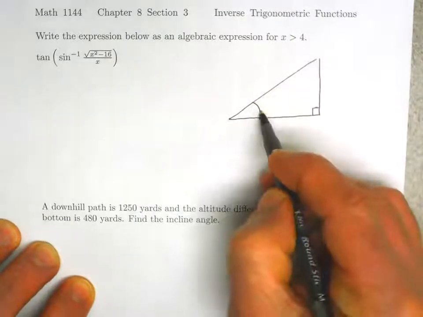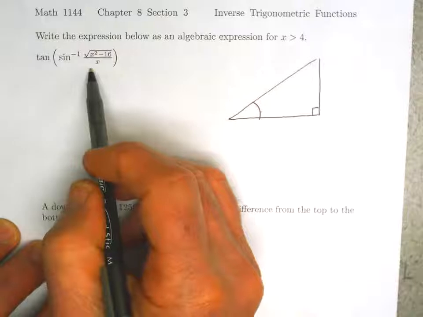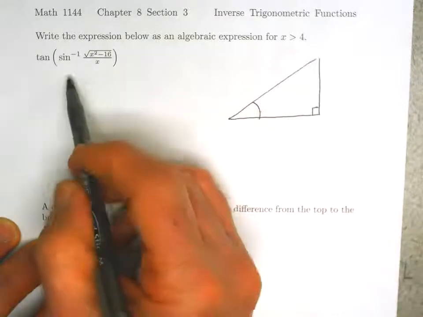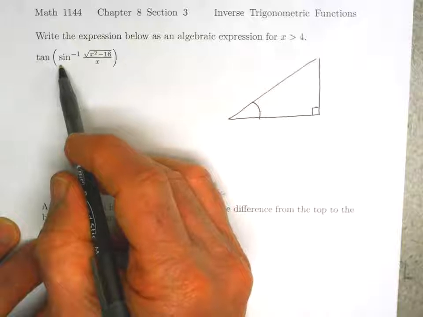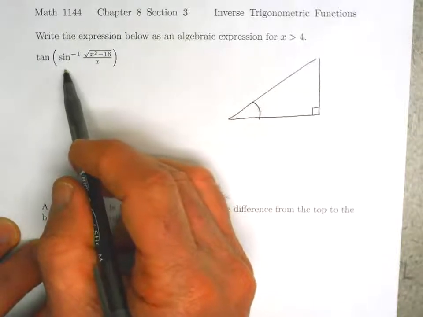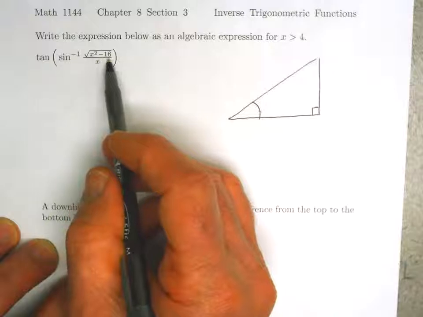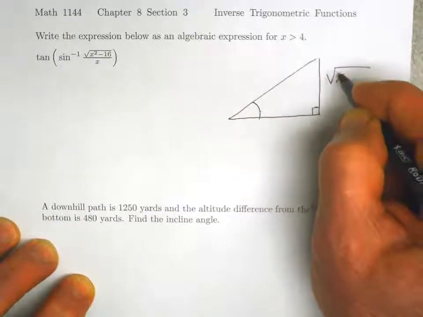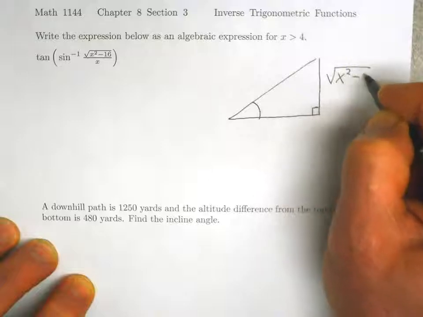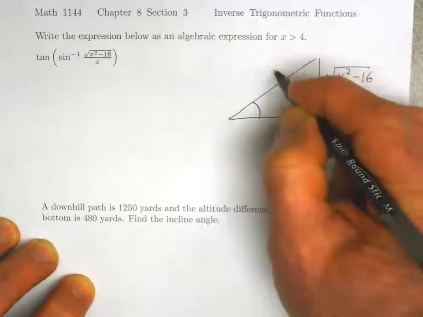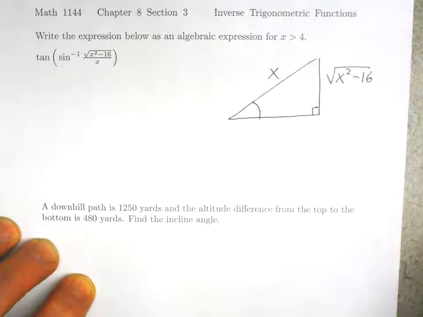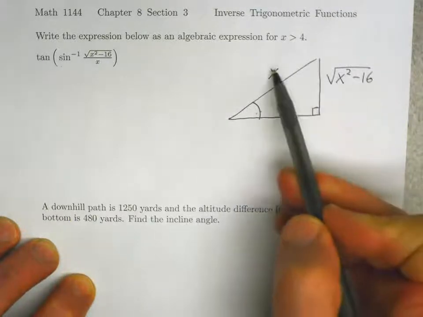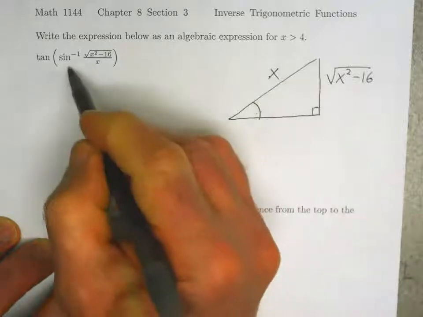So here's the angle that represents inverse sine of the square root of x squared minus 16 over x. Okay, so the angle whose sine is the square root of x squared minus 16 over x, that is, the opposite side is the square root of x squared minus 16, and the hypotenuse is x. The sine of this angle is the square root of x squared minus 16 over x. That's what this represents here.